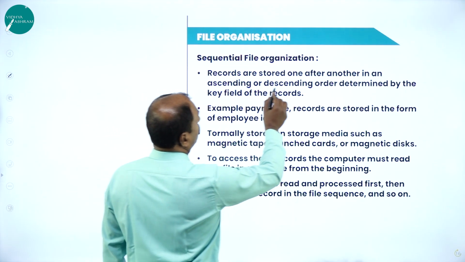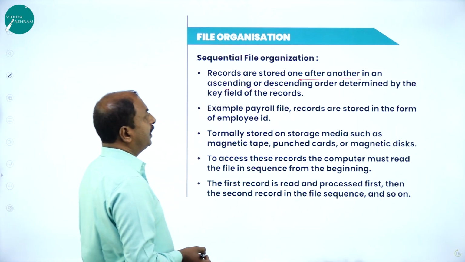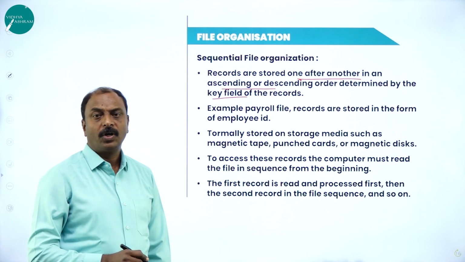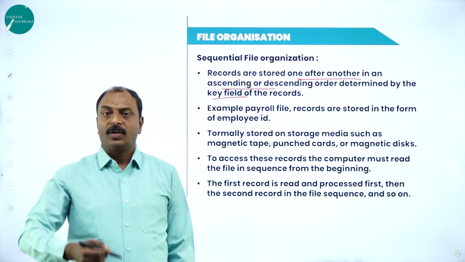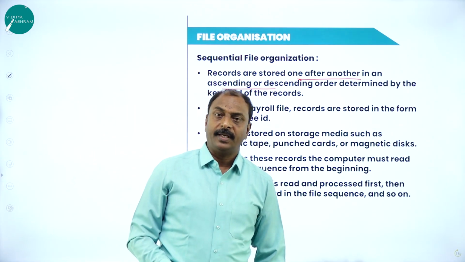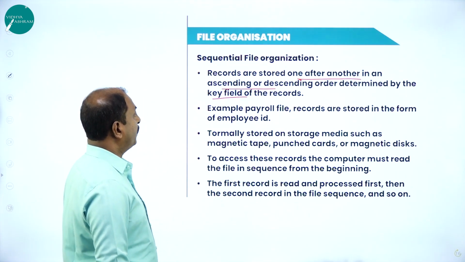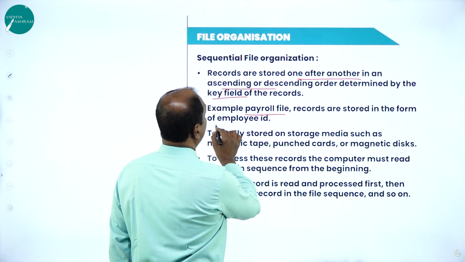The records are stored one after another in ascending or descending order determined by the key field. Normally, with a student attendance register, we write the names alphabetically or by register number. That is a very good example for this. Next one is the payroll system, with the employee ID.